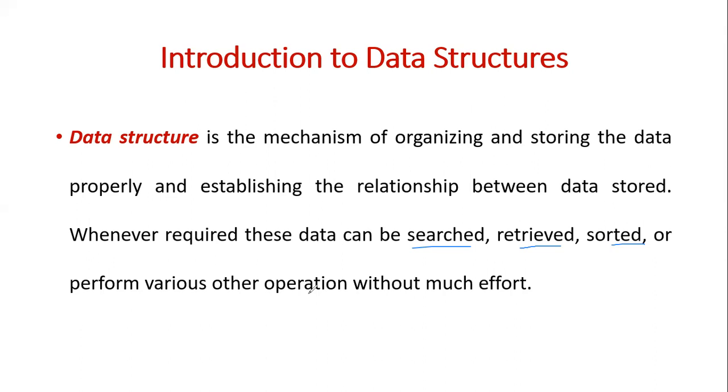But depending on the type of the application, we may have to use a different data structure so that this information can be searched, retrieved, or sorted in an effective way without much effort. So that is the core purpose of data structures, right? I think it's clear.